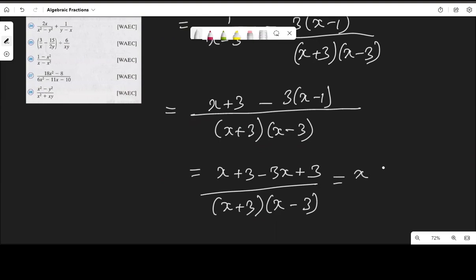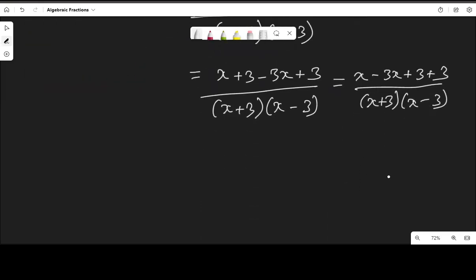I have x minus 3x plus 3 plus 3 all over x plus 3 and x minus 3. x minus 3x is minus 2x. Then 3 plus 3 is 6 all over x plus 3 and x minus 3.